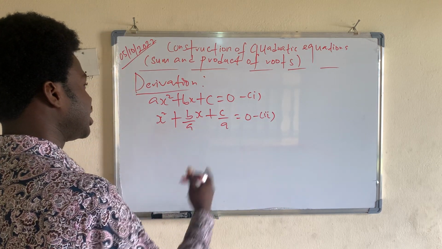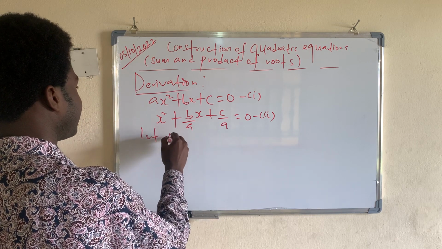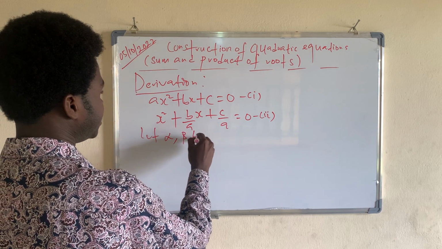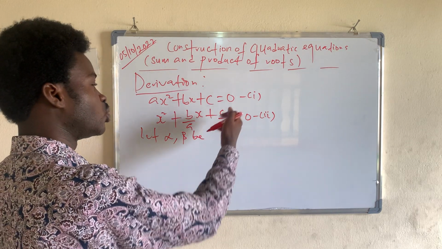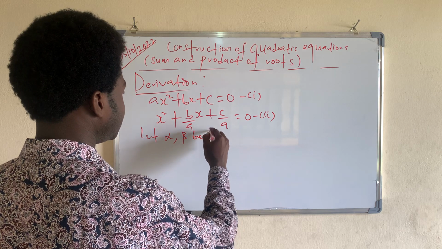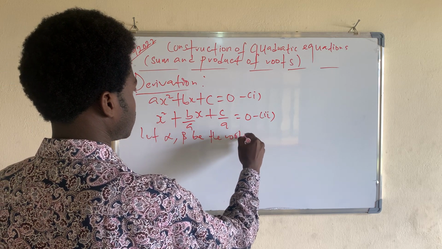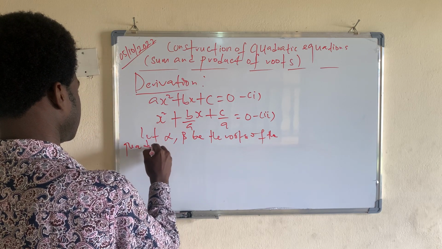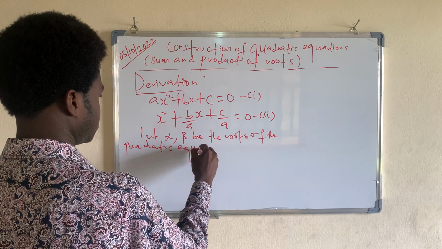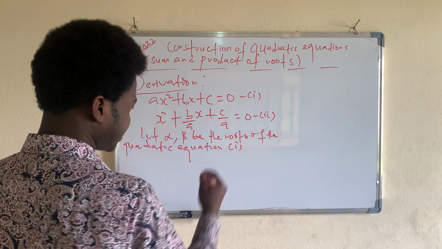Now I will say let alpha and beta be the roots of the quadratic equation in 1.